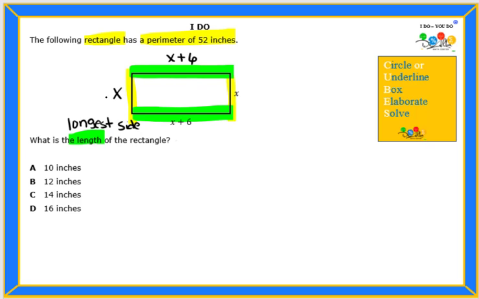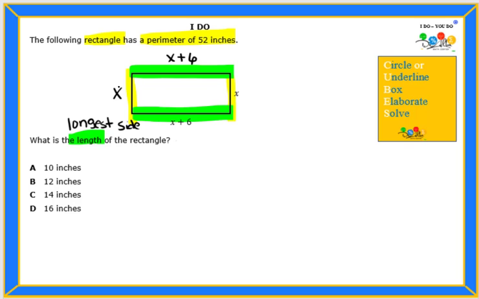Now we have to know what perimeter means. Perimeter means to add all the sides, the distance around a polygon, the distance around the entire shape. In this case, we have a rectangle, and the rectangle has 4 sides. So if we add the 4 sides, we should have 52. Let's put it together.